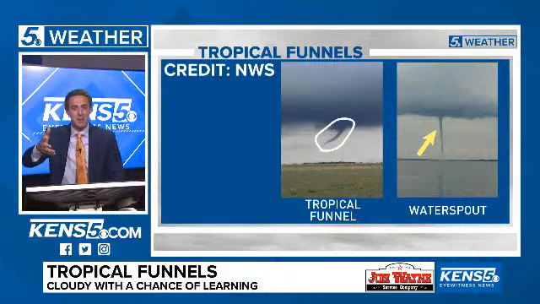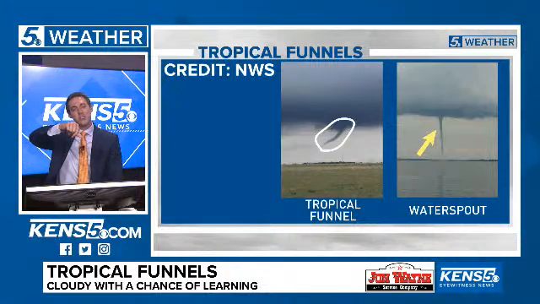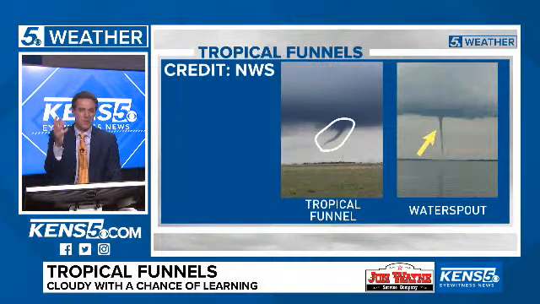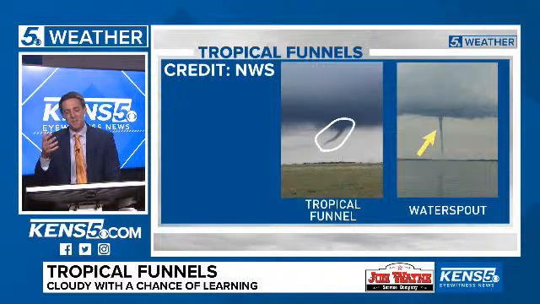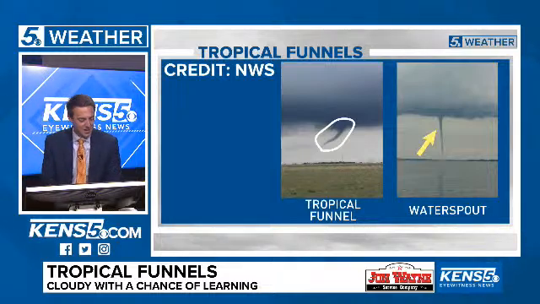Think about it like a top. Sometimes your top isn't spinning straight up and down. Sometimes it wobbles a little bit when it starts to slow down. Maybe that tropical funnel started to wobble a little bit. That's my best little answer to what I'm trying to explain.